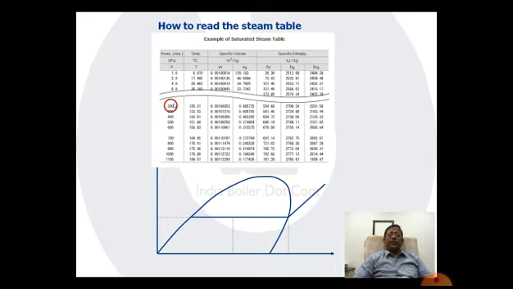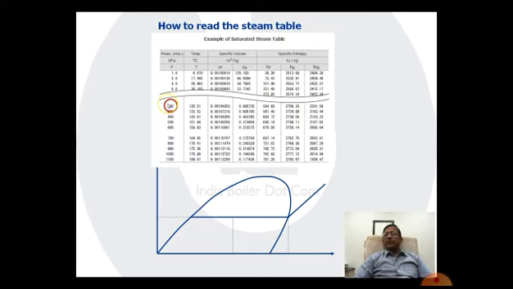Therefore, if the pressure in your numerical problems is not mentioned as absolute, you might have to write that assuming the pressure as absolute. Please do not forget that. Make it a default application. Every question should start with assuming the pressure given as absolute, unless they have specifically mentioned it as a gauge pressure.